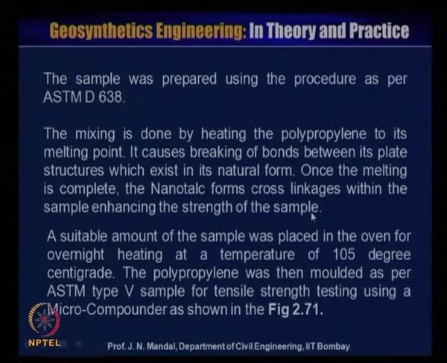So this sample was prepared using the procedure as per ASTM D638. The mixing is done by heating the polypropylene to its melting point. It causes breaking of bonds between its plate structure which exists in its natural form. Once the melting is complete, the nanoclay forms cross linkage within the sample, enhancing the strength of the sample.